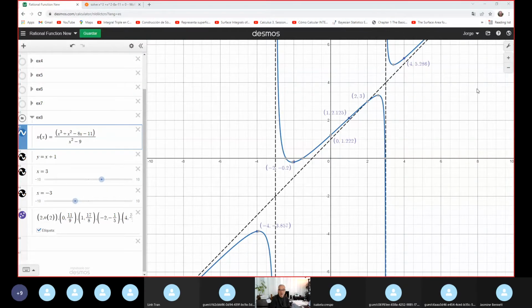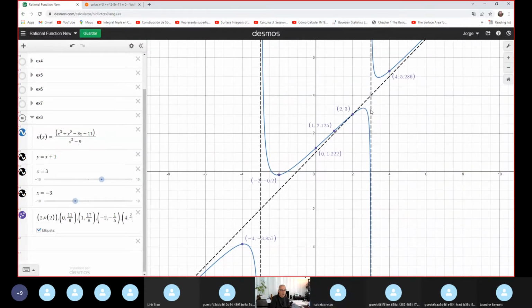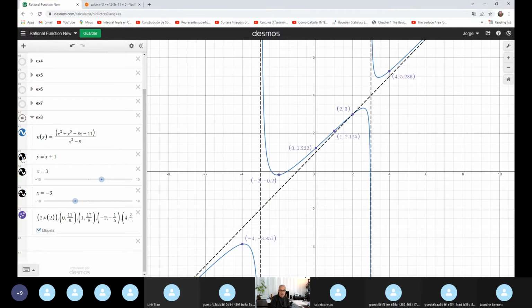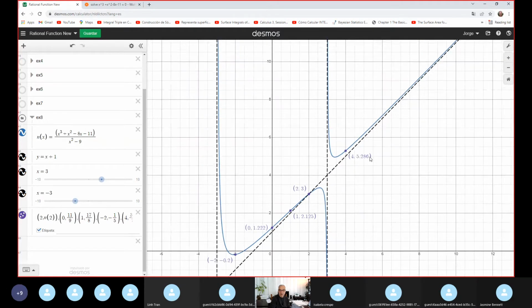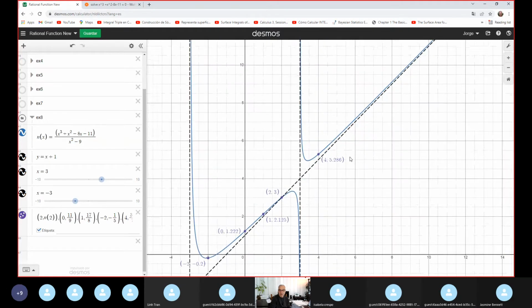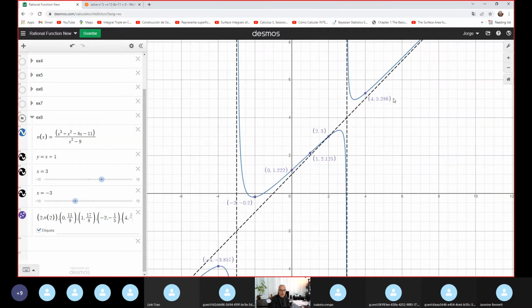Do you see? Yes. Okay, this is my curve. Look. This is the slant asymptote. Do you see how the curve approach seldom cross or touch and only one famous point, que is that point, 2,3.